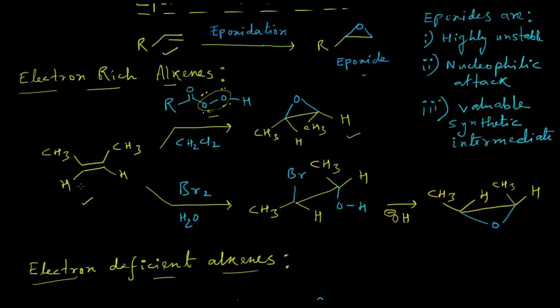Since our alkene is highly electron rich, it will behave as a nucleophile, and this oxidant will behave as an electrophile. If the reaction is carried out in non-nucleophilic solvents like DCM, dichloromethane, then we will get our corresponding epoxide derivative.